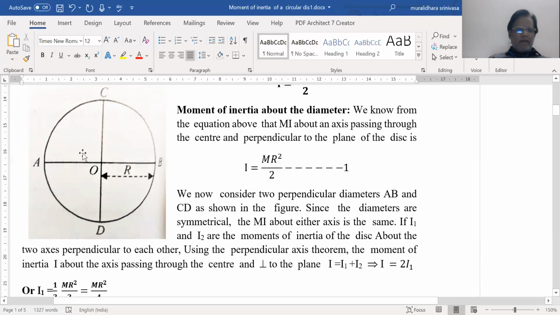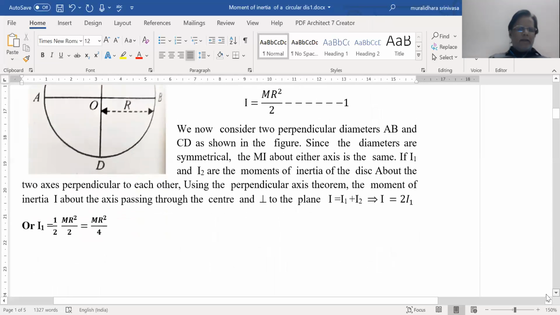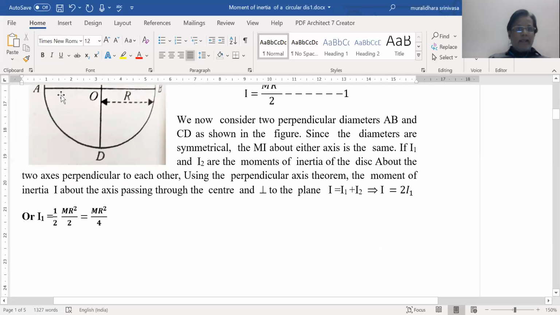So if I1 and I2 are the moments of inertia of the disk about the two axes perpendicular to each other, then using the perpendicular axis theorem, the moment of inertia I about any axis passing through the center and perpendicular to the plane is I.